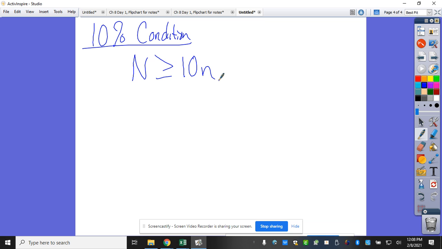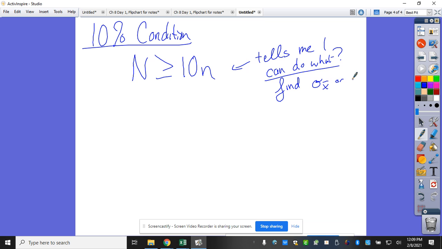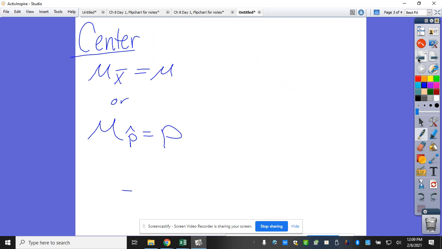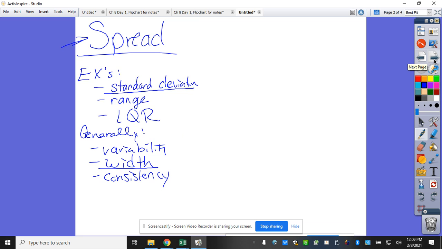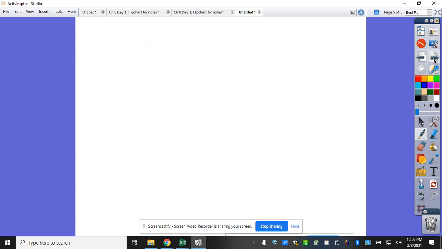So when do, if this works, that tells me I can do what? So that means I can use one of those two equations. Oh, here's another connection. So this is spread, this is center.